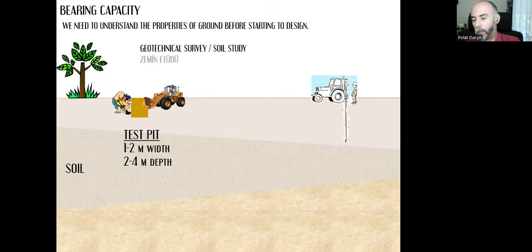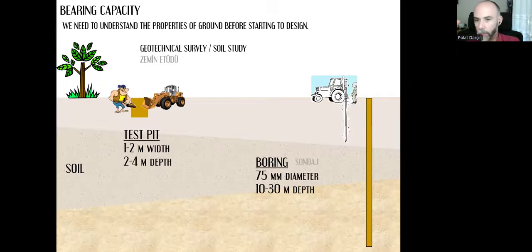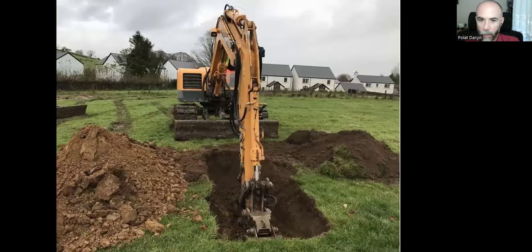Or if we need to go deeper, then instead of a test pit, we can do boring. That's what we call sondaj in Turkish. And we can go deep, like 30 meters. We just create a hole with a 75 millimeter diameter.